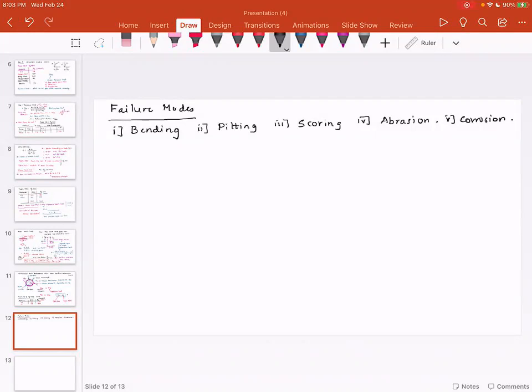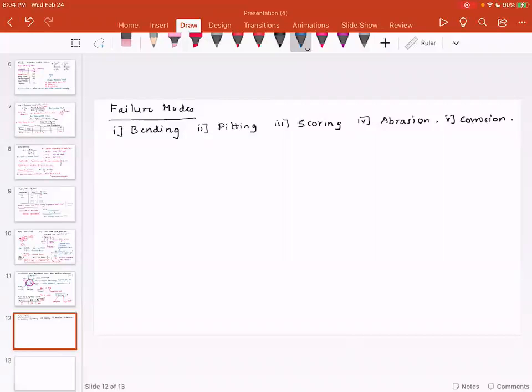Failure of the gear train could be a physical separation of the tooth, or it could be noisy or very inefficient power transmission. So it's always a good idea to look at the gear, understand the type of noise, look at the noise signature, vibration signature, and then decide whether that gear needs to be replaced or not.